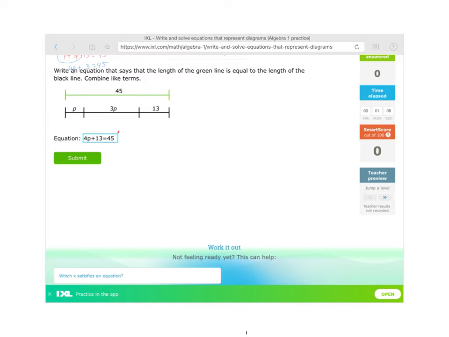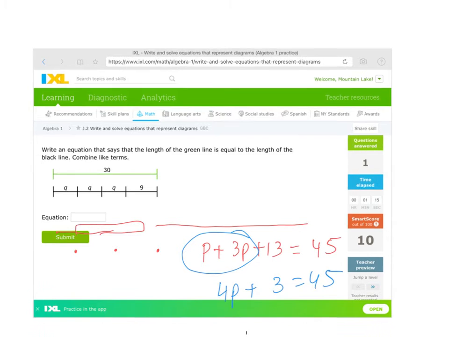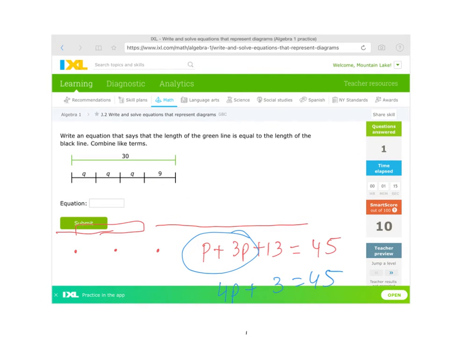Okay, let's try this. Now we've got 3 Q's and 1 9. So, sorry. Let's erase all of this. And all of it is equal to 30.